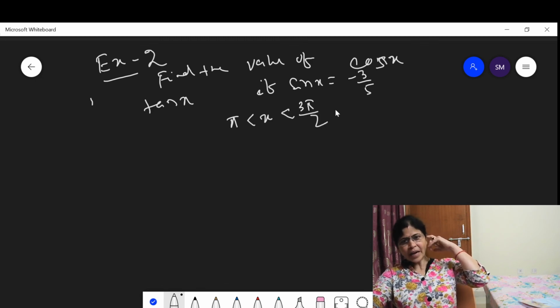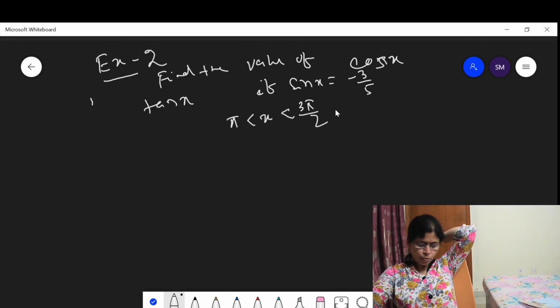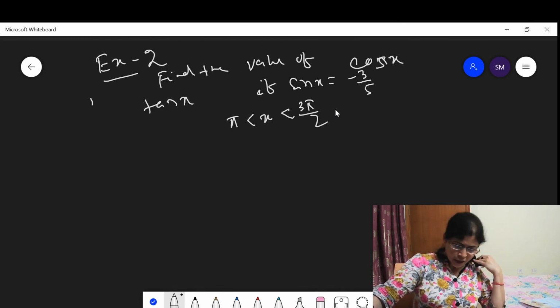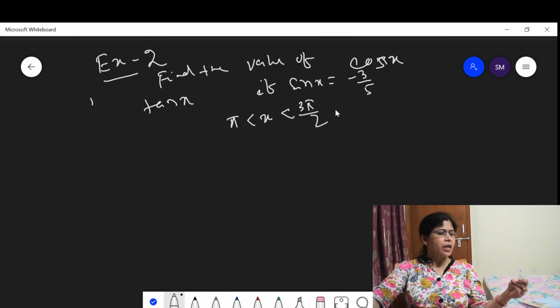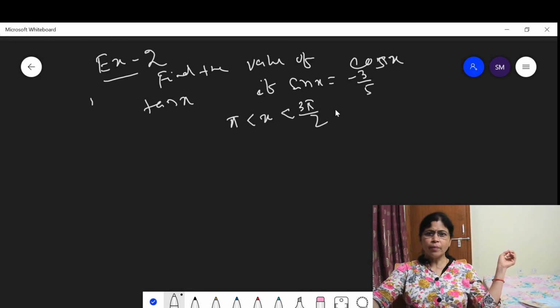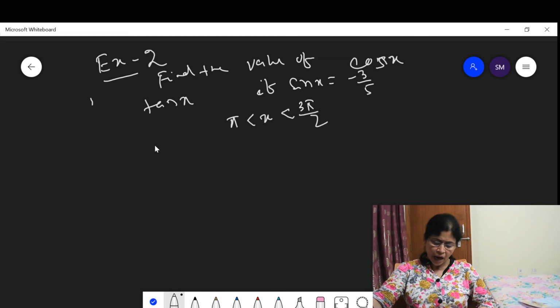X lies between pi to 3 pi by 2 means x is in the third quadrant.